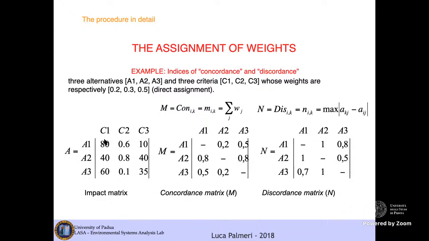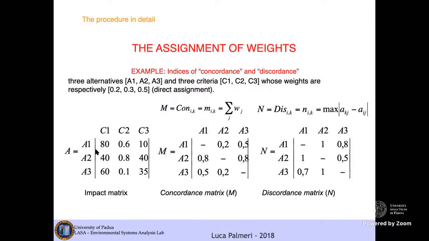The evaluation matrix compares the three different criteria with three different alternatives. Then we may build a concordance matrix by choosing those values of a criteria indicator for which is expressed a satisfaction of choosing.